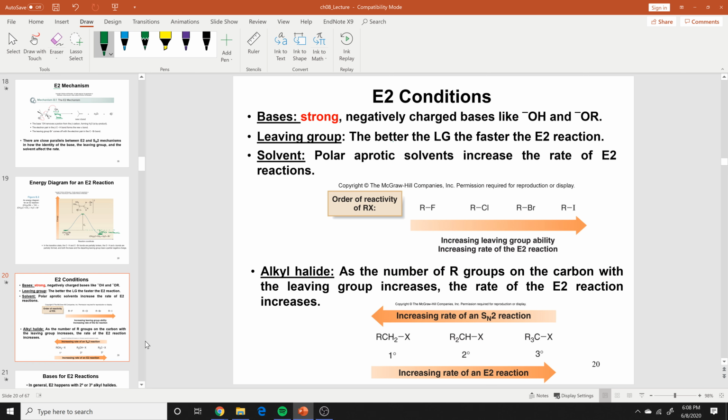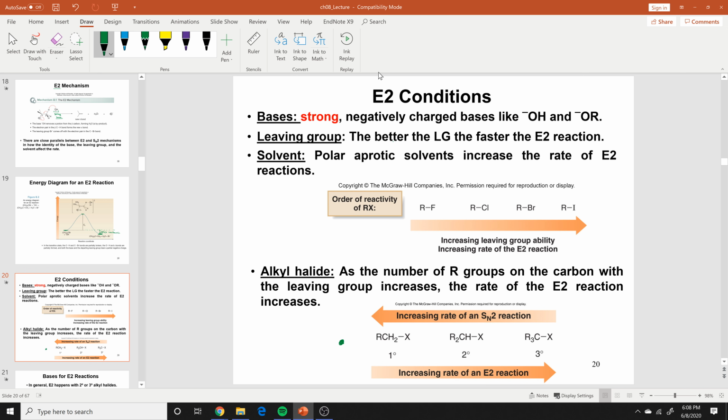With respect to the conditions of the reaction, as we did for substitution, we're going to do the same thing for elimination, but with a little bit of a tweak, because E2 is different from SN2 basically by the type of alkyl halide that you use. This is the only difference where E2 and SN2 part from each other.